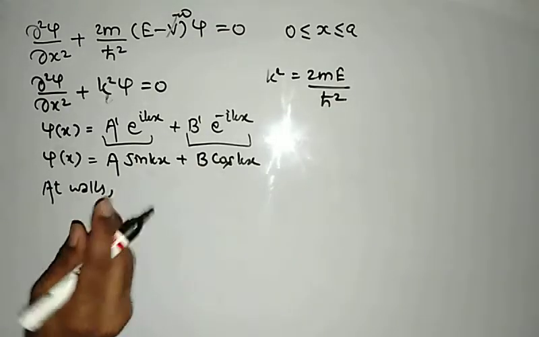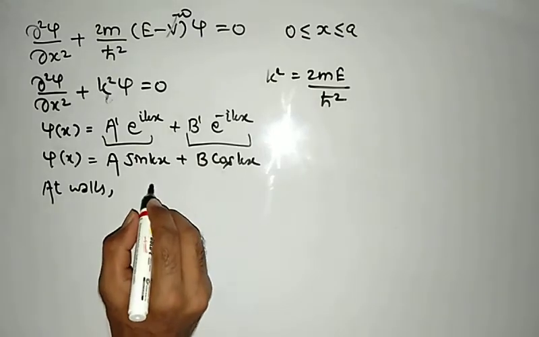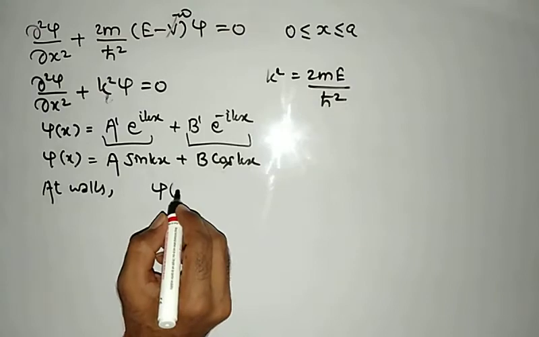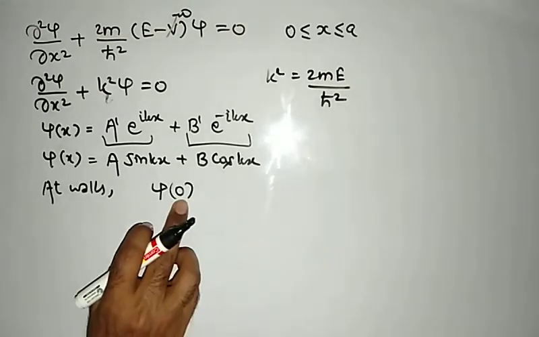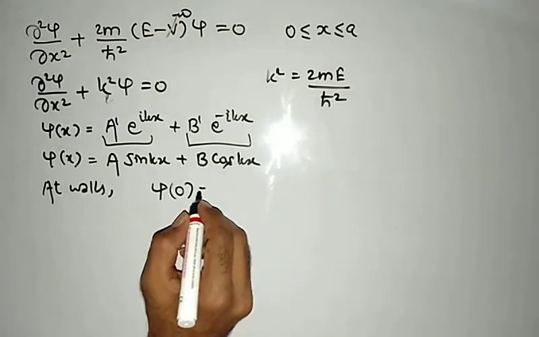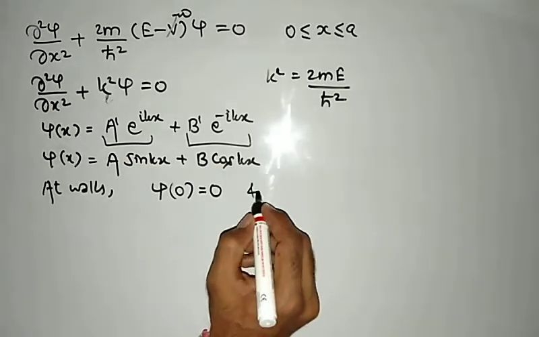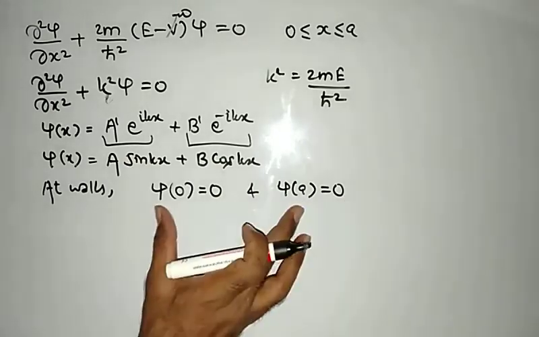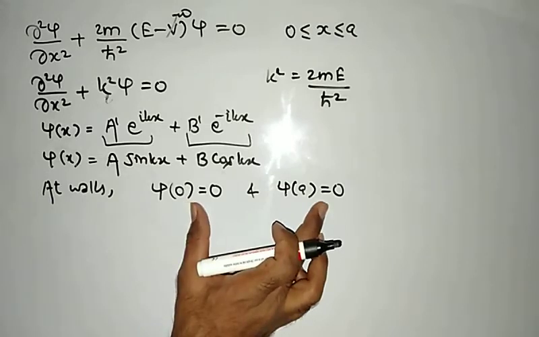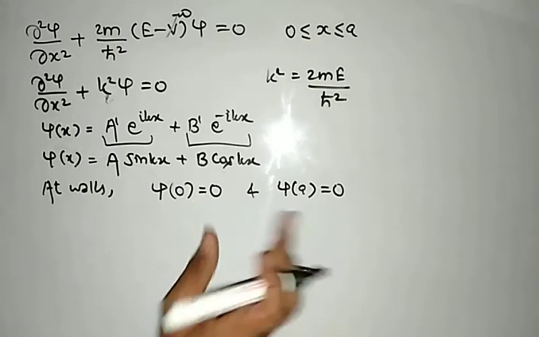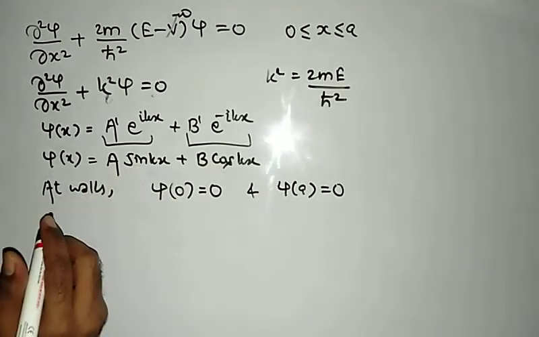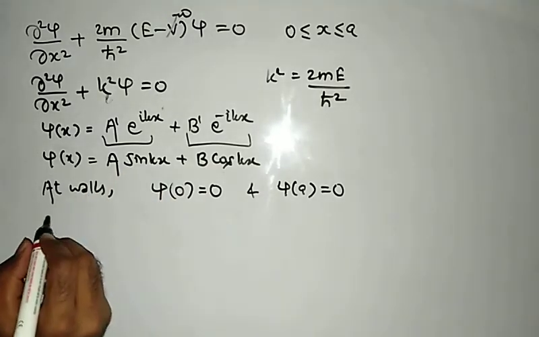At the walls, since there is reflection, at x equal to 0, the wave function will be 0. Also at x equal to a, the wave function is 0, because these are turning points. So, applying these separately in this equation, what do we get?